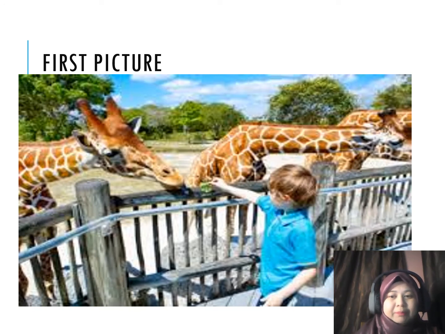Feed, memberi makan, adalah verb ataupun kata kerja. And the last one is object. Grass, which is rumput. So, budak itu memberi makan rumput. SVO. Kata nama, kata kerja, dan juga objek.